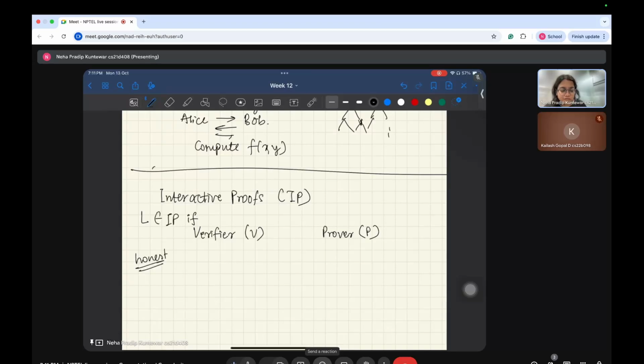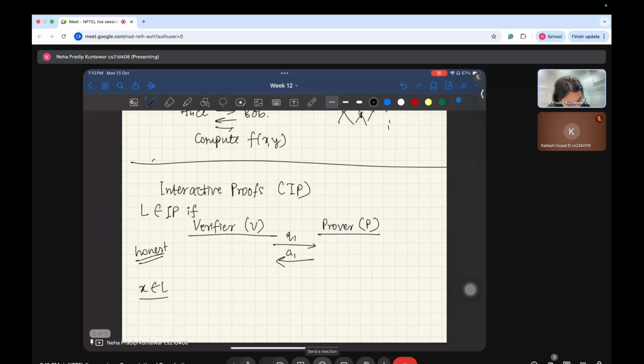The verifier has to truthfully determine whether x is in the language. If x is in the language, then we want the verifier ideally to always be able to detect that, and if x is not in the language, we want the verifier to be able to detect that. That's the ideal situation. And how does the verifier decide whether x is in L? They're allowed to have some communication. So the verifier can ask some queries to the prover, and the prover can answer back based on the information.